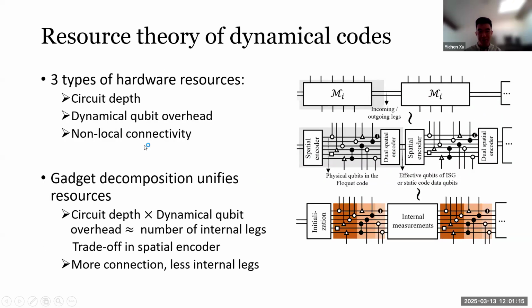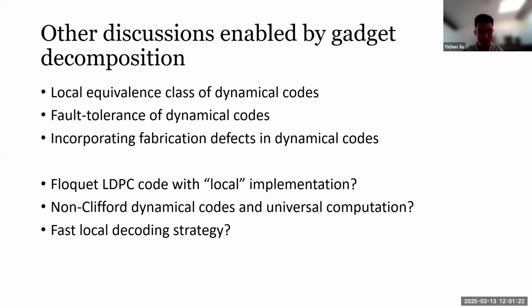Okay. Finally, I'm running out of time a little bit, so I'll just wrap up. Our work has other details inside the paper. Since we have this notion of gadget decomposition as a tool, it doesn't only construct dynamical codes, it also enables discussion of dynamical codes themselves.